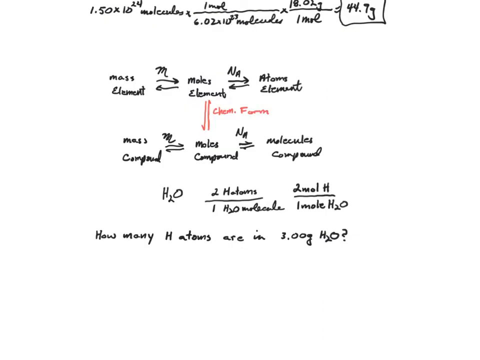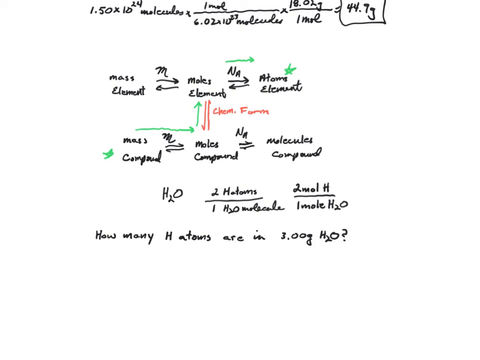So we're going to be going from the mass of water, and we're hoping to wind up with the atoms of a particular element. So we need to go from the mass of the compound to the moles of the compound, using the molar mass of water as our conversion factor. Go from moles of compound to moles of element, and then from moles of element to atoms of that element.